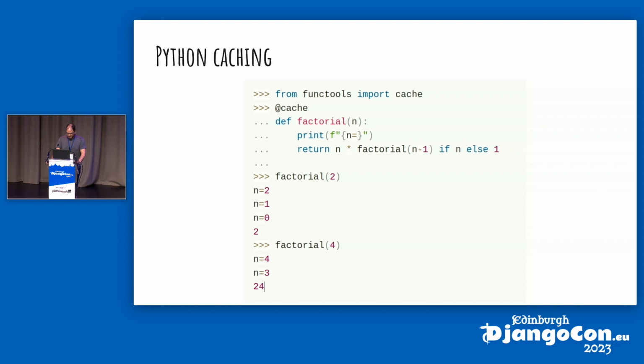Here is an example of this function being executed. When I call the factorial function, the first time I called it with 2, and I added a print statement just to show the calls. It will process for 2, for 1, for 0, and return the factorial of 2, which is 2. The next time I call it with 4, it will call for 4 and for 3, and will not call the other ones recursively because it already knows the factorial of 2.